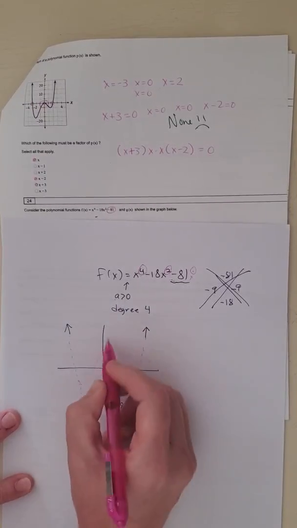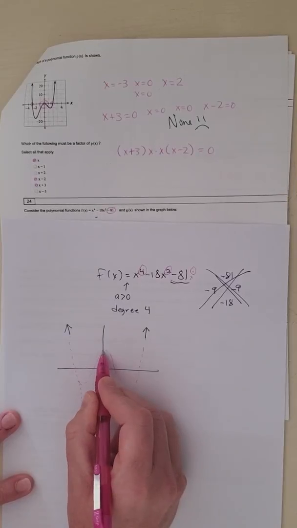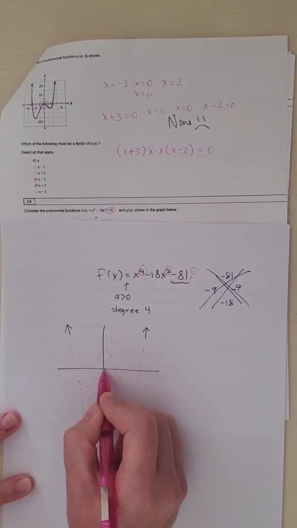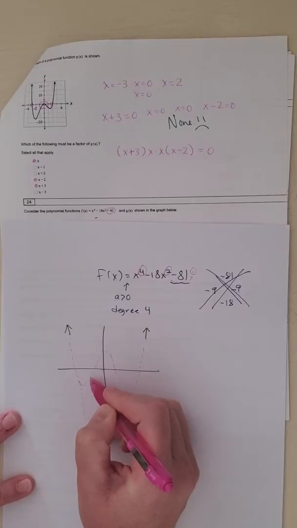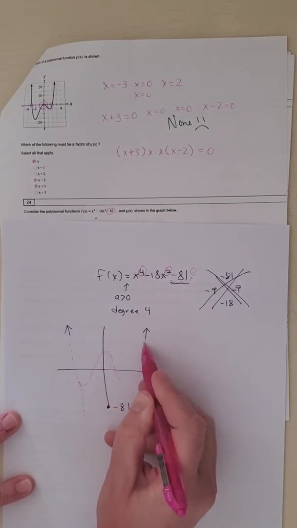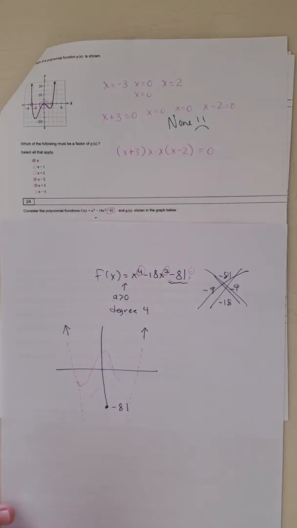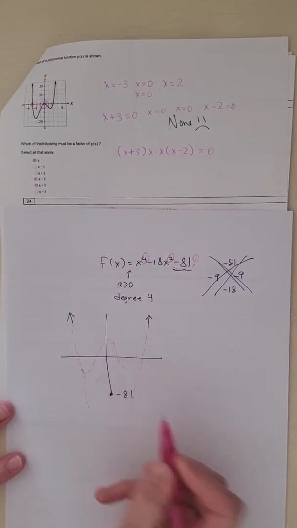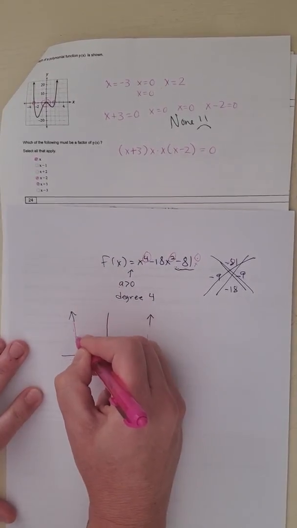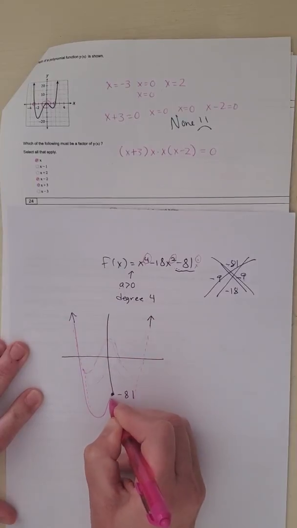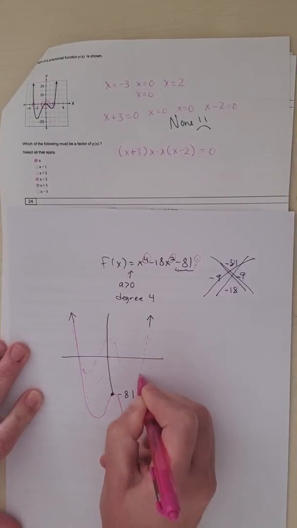So if this y-intercept had been positive or it had been 0, it could be that it bends, goes through, and you could have 1, 2, 3, 4 solutions. However, in this case, in order for it to touch that negative 81, it's got to come down, bend, come back down, and come back up.